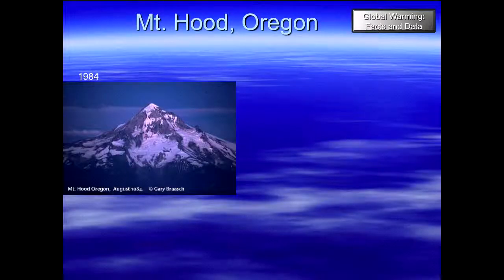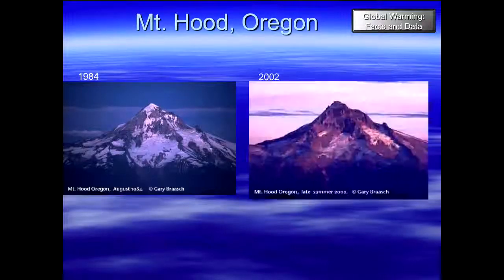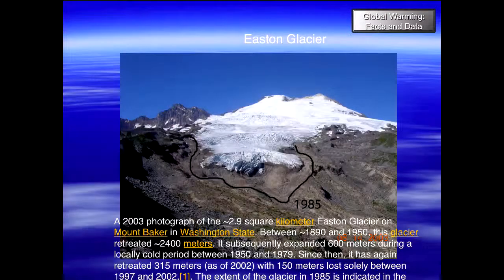Look at that beautiful volcanic mountain in 1984, August. Here it is today. Easton Glacier. There was the terminus in 1985, and here you see it now, retreating.